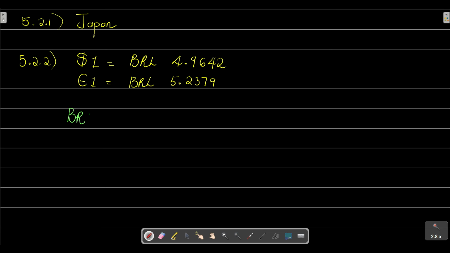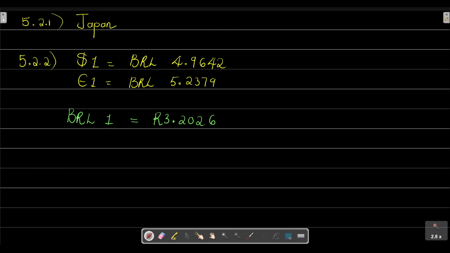That basically means that you have 3.2026 rands. But I'm just saying, how about we write it as, if you have 1 rand, how many Brazilian reals do we have? So that then we will be able to actually compare these currencies properly.